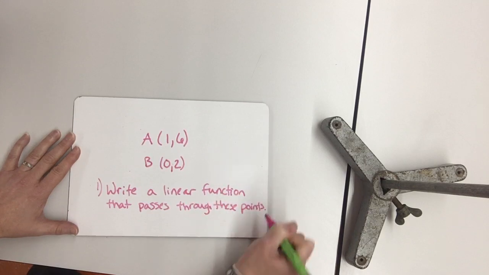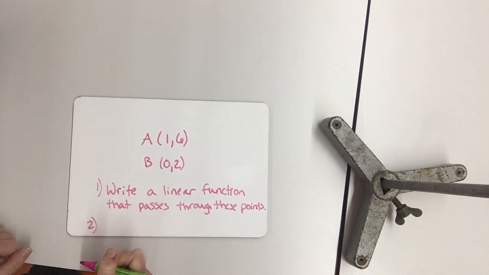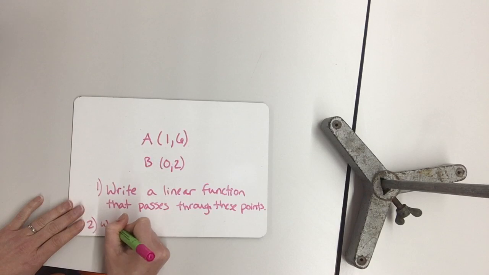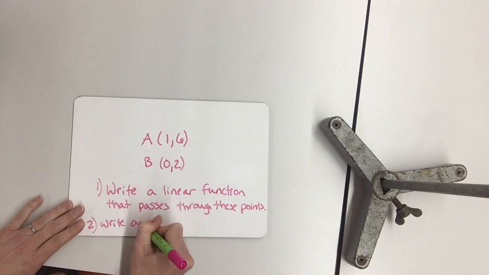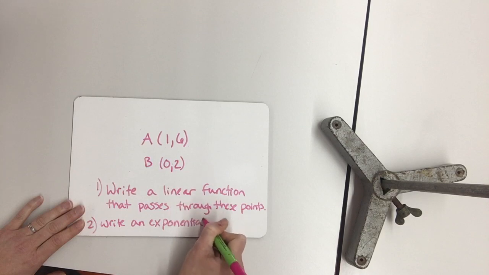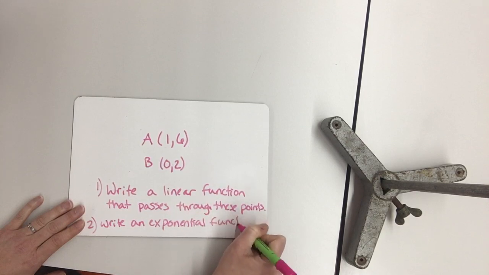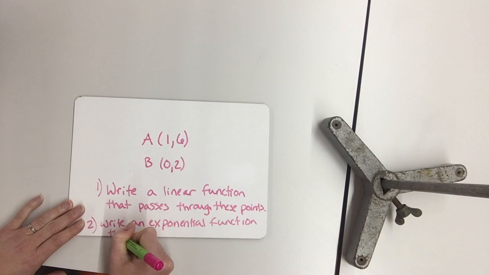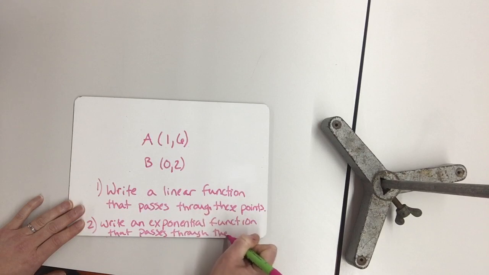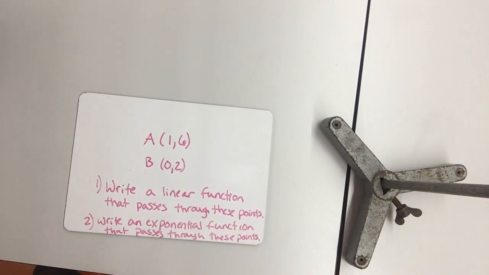Your second question is to write an exponential function that passes through these 2 points. So write a linear function that passes through these points and write an exponential function that passes through these points. Take a minute right now.